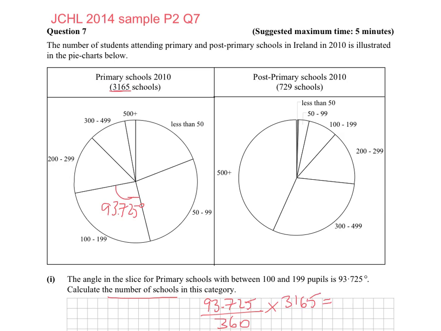All I'm doing is I'm finding a fraction of an amount. How much is that out of the total? Which comes to 823.998. When that's rounded up, we get 824.